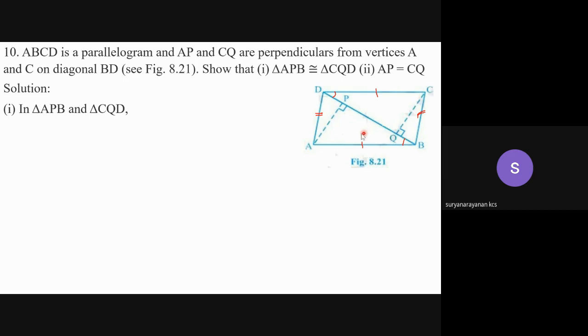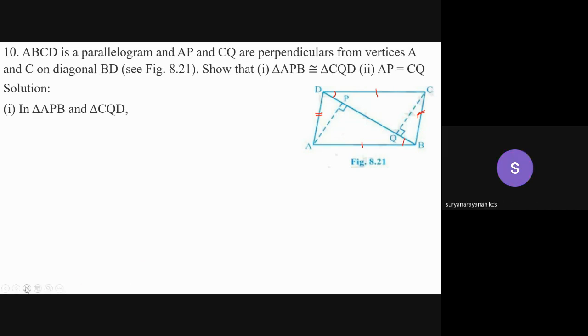One more angle, see here, angle CDB means angle CDQ. Angle CDQ is equal to angle ABP. We compared here, yes or no?